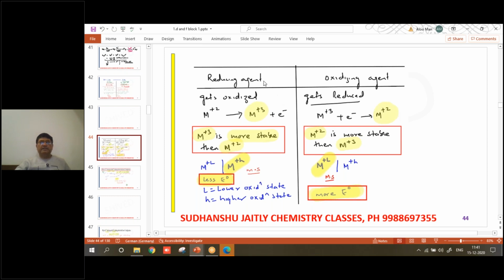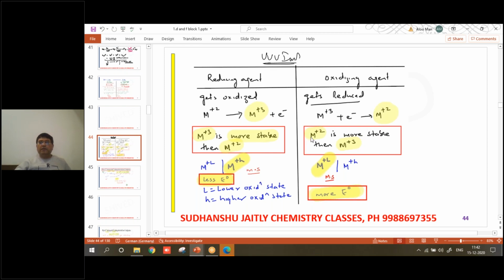We just discussed reducing agent get oxidized easily. So higher oxidation state, this is example, more stable than M plus 2, right? So this is going to have the lesser E naught, lesser delta H. Oxidizing agent get reduced.